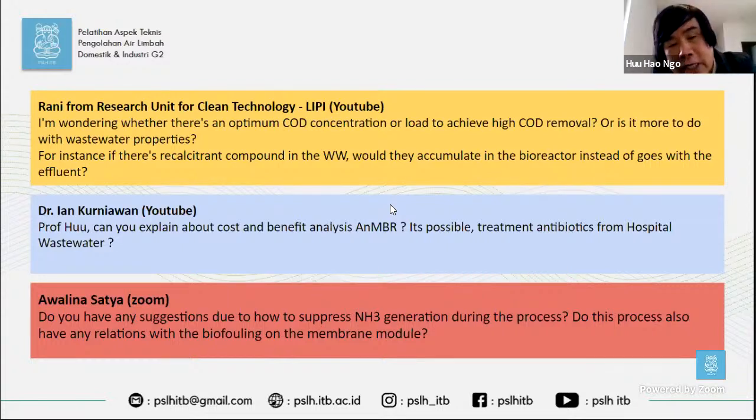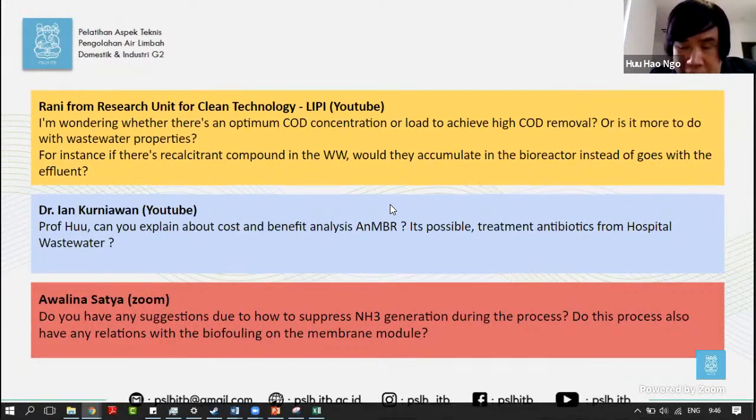So from the polysaccharide and protein ratio, and then the SMP and EPS, we try to control the membrane fouling. But it is very rare that ammonia generation affects the biofouling. But for organic fouling, yes, in some way.